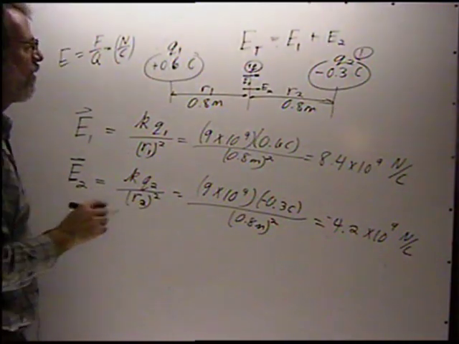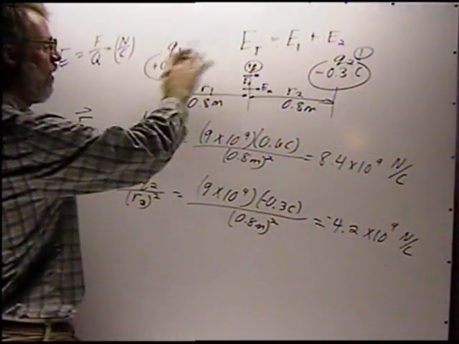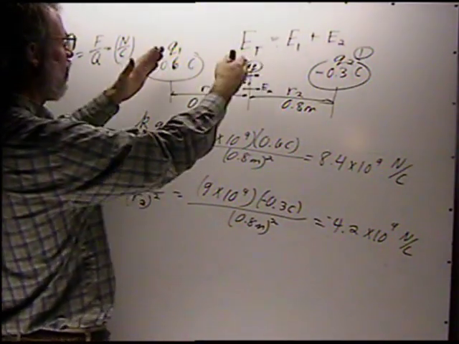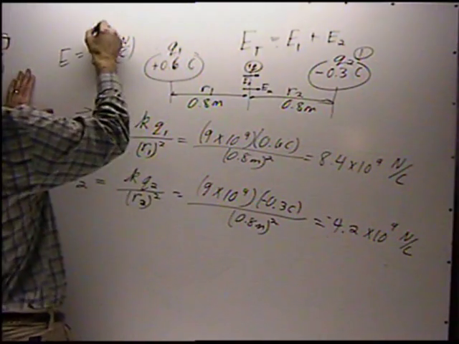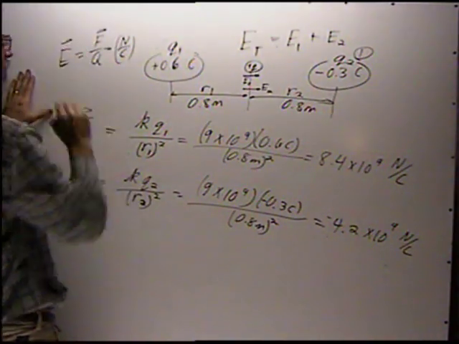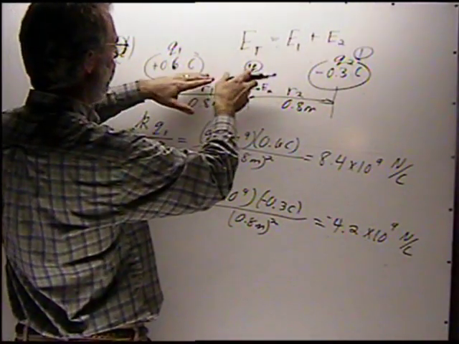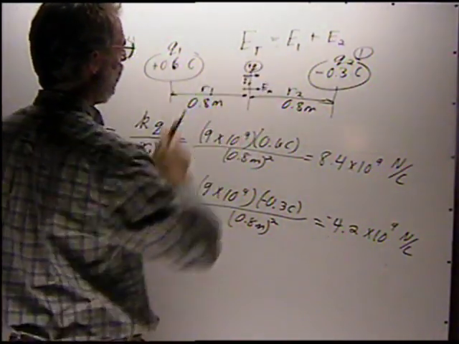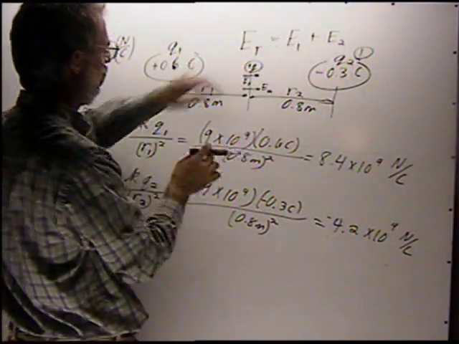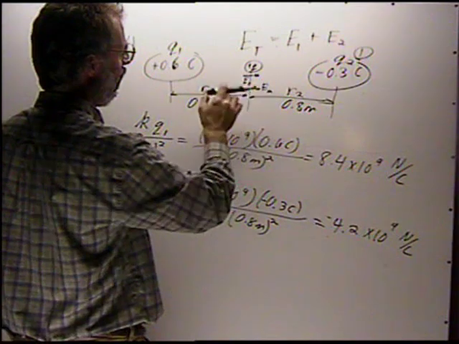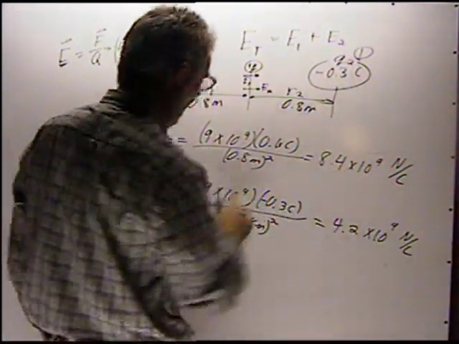Actually, when we look at the directions, remember the electric force and the electric field go in the same direction. E1 goes to the right, E2 also goes to the right, and so these two are going to add up.